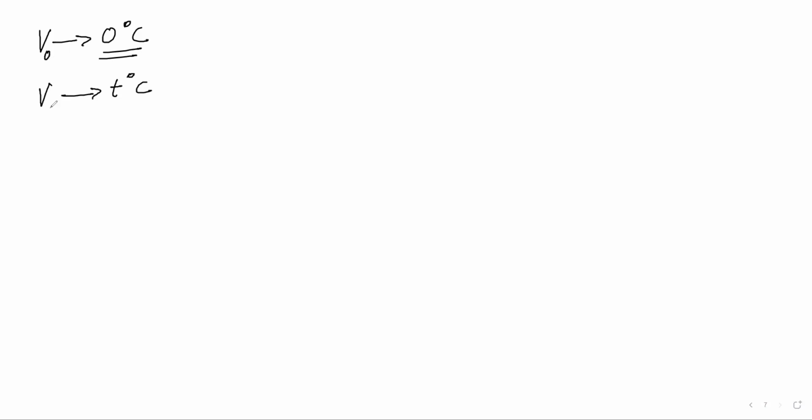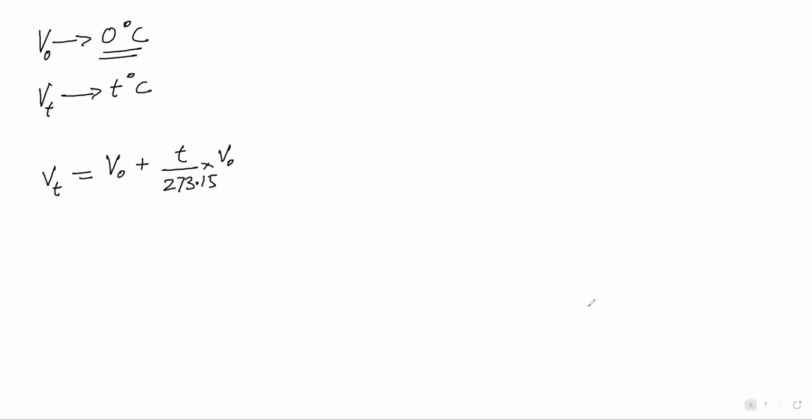Let us say this is V0, this is VT, correct? Then the volume at T degree Celsius will be equal to V0 plus the temperature T that we have increased divided by 273.15, times V0, correct?